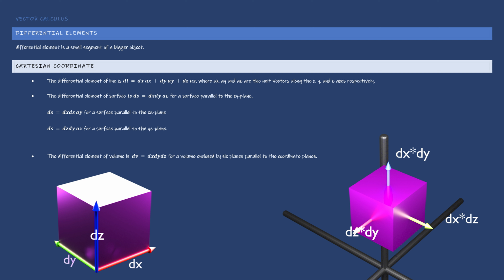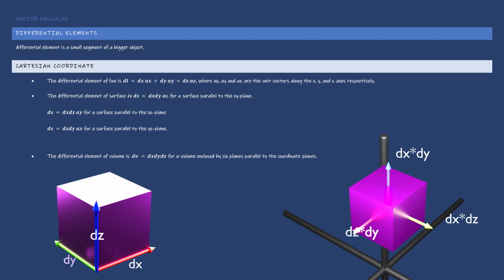The differential element of line in Cartesian coordinates is dl equal dx ax plus dy ay plus dz az. This means that if we move a small distance dx along the x-axis, dy along the y-axis, and dz along the z-axis, the length of the segment is given by dl.